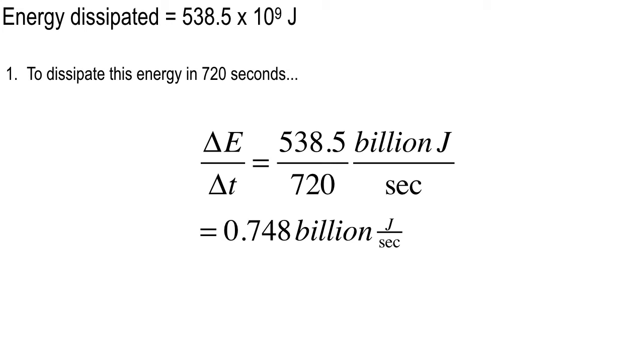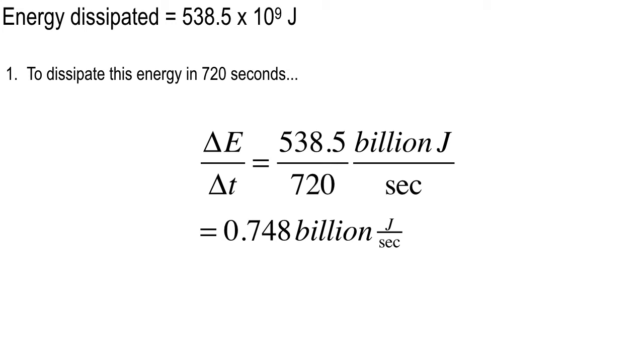Now, what is your name? You were asking me about the 10 to the 9. Eliza was asking me, Dr. B, why are you concentrating on billions? Because you could just as easily write this as 748 million, and that's true.